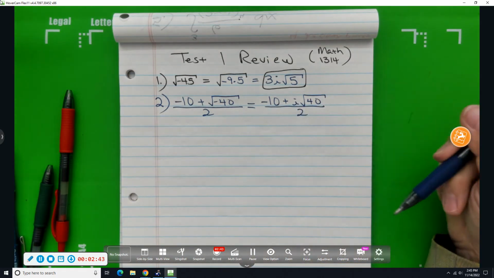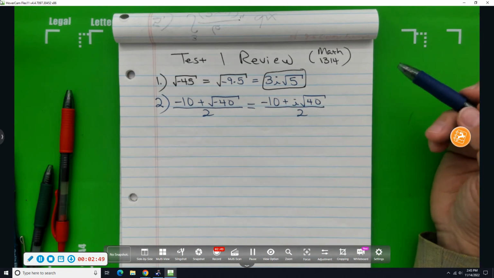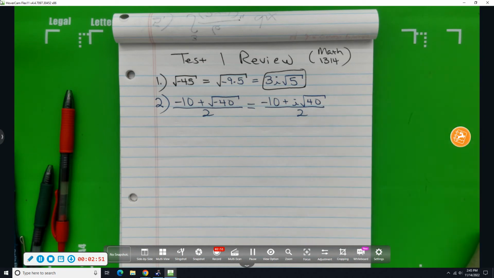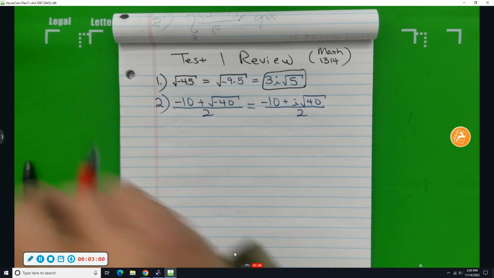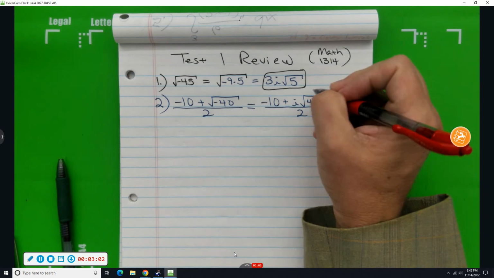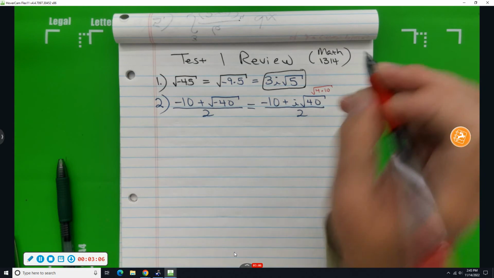And now that square root of 40, is 40 a perfect square? No. What's the largest perfect square that divides evenly into 40? It should be pretty obvious. A 4, I agree. So here's how we're thinking of that. We're thinking of that square root of 40 as 4 times 10.